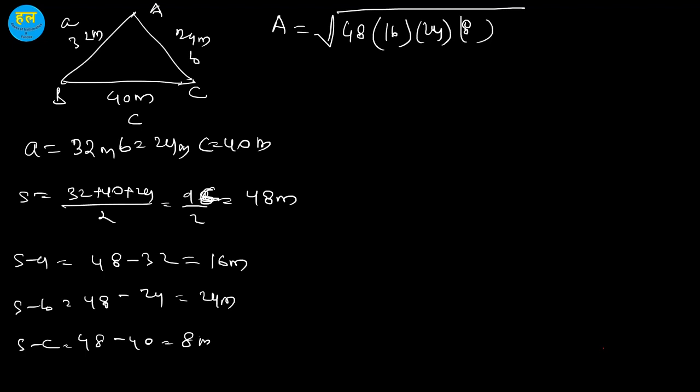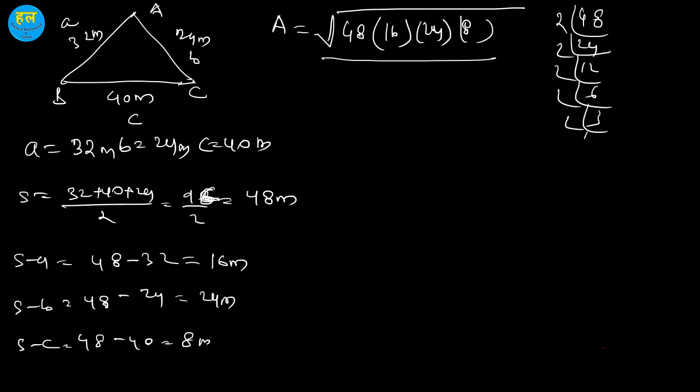Now when we want to find the square root of this, we'll factorize all the terms. Like 48 is 2 into 24, 2 into 12, 2 into 6, 2 into 3, 2 into 1, 3 into 1, okay, and similarly all the others.